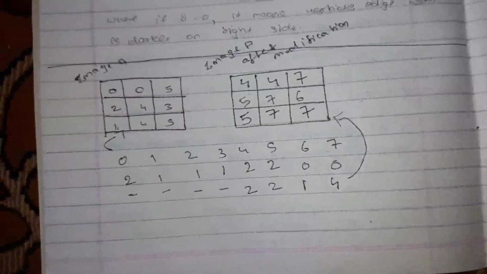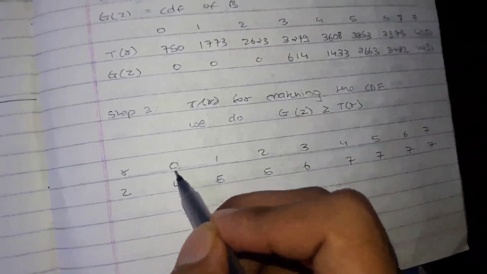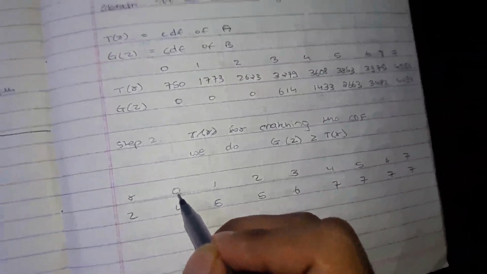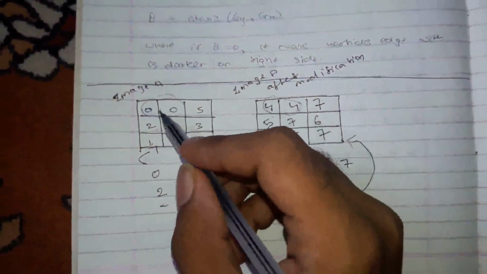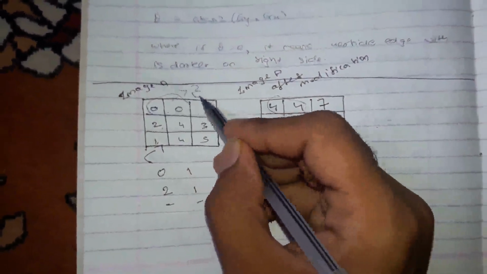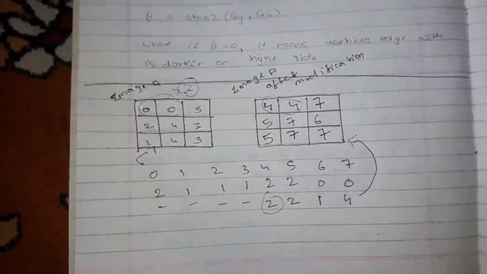So if you see carefully, what happened is when I mapped 0 to 4, that means all zeros of R, in this image, all zeros turned into 4. So if suppose there were two zeros, then there became two 4s. You understand?